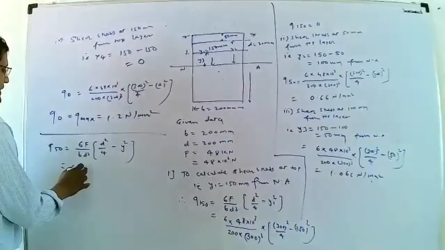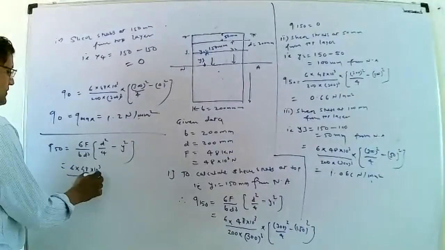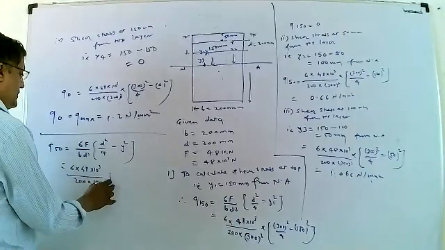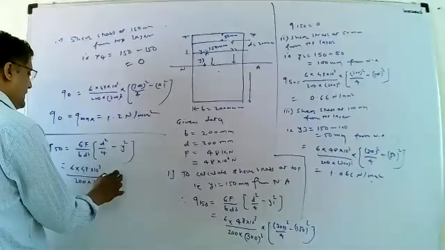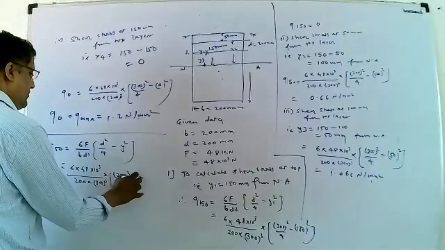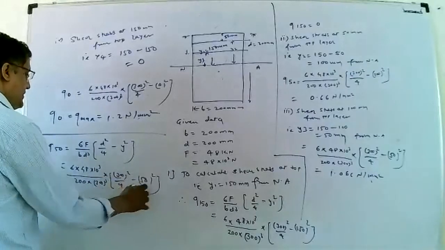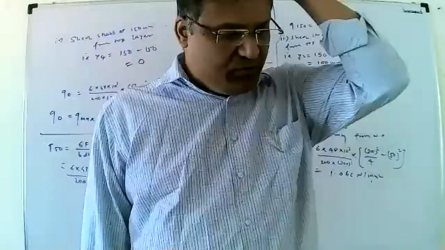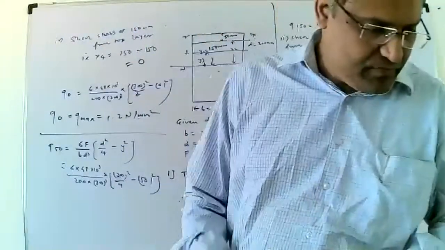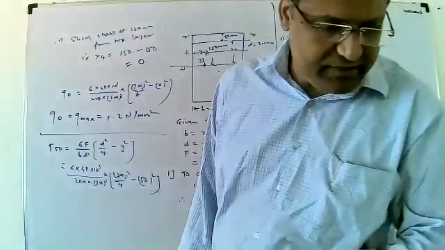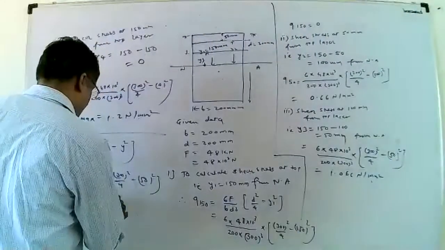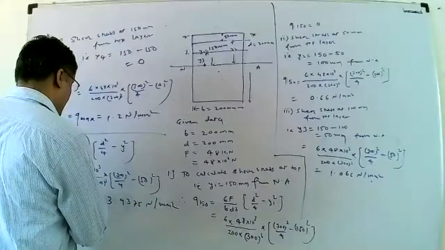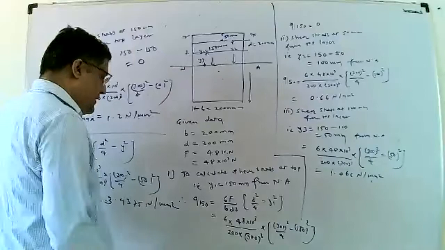Then 6 into 48 into 10 raised to 3 divided by 200 into 300 cube into 300 square divided by 4 minus 50 square. After calculation, you will get the final value 3.93 Newton per mm square. That is the value of Q50.